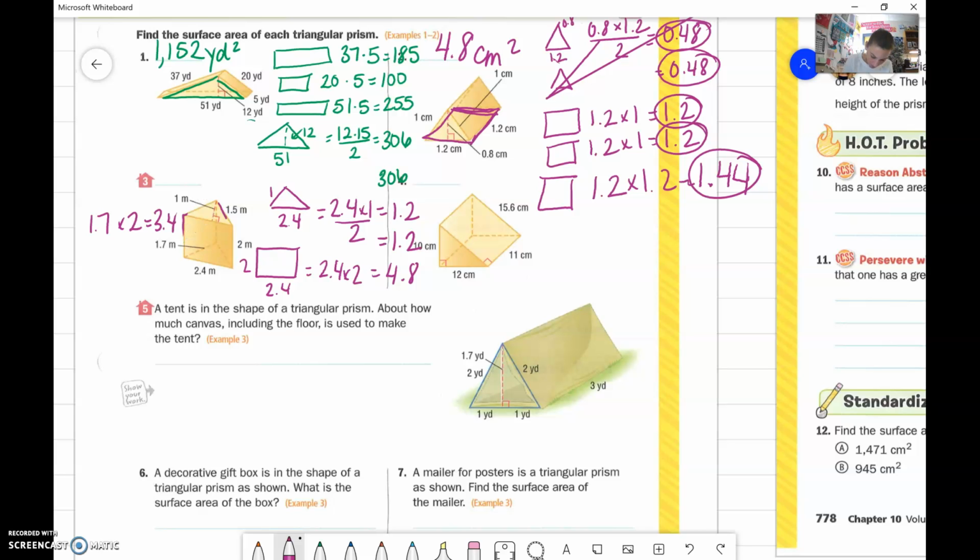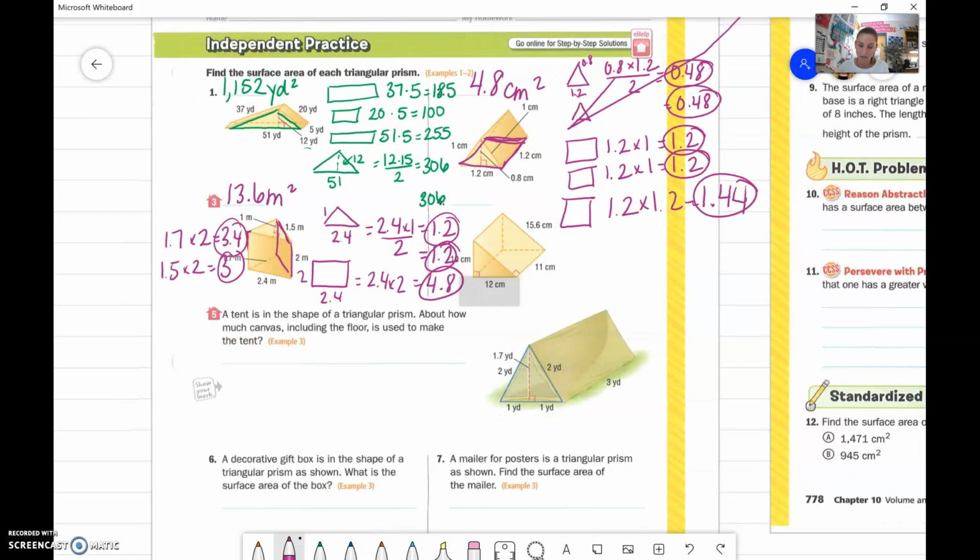Then right here I have 1.5 times 2, which is 3, and I'm going to add all of these up, which is going to give me a grand total of, oops, not 21, sorry, 13.6 meters squared. Okay, so that is some more practice problems.